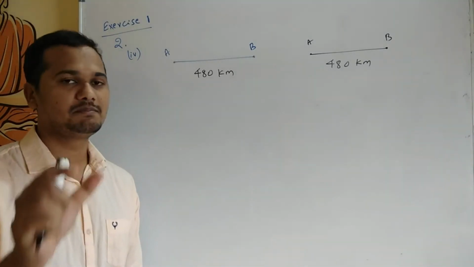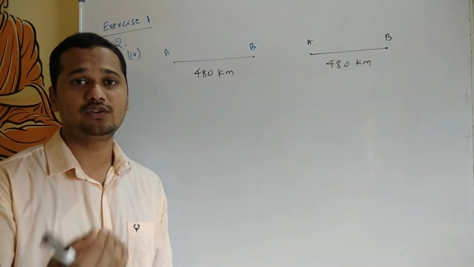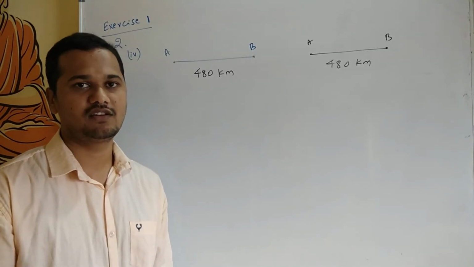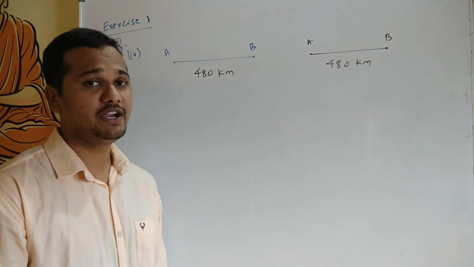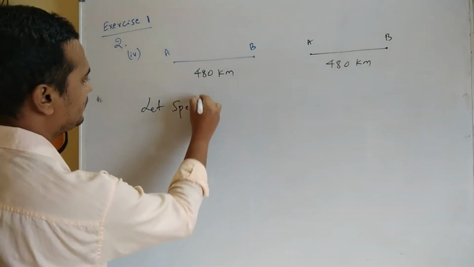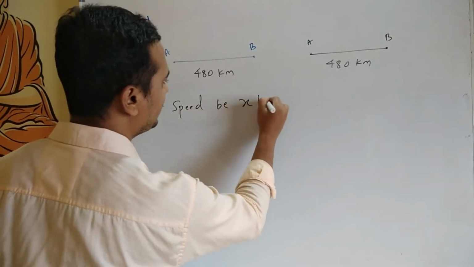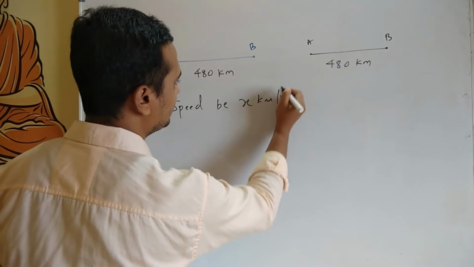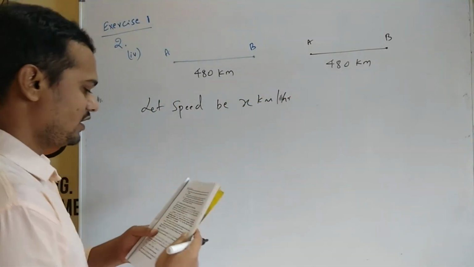The simple thing is to go through the problem, and whatever data we need to find at the end, just take it as x or y. In this problem, we need to find the speed of the train. So let's take the speed of the train to be x kilometers per hour.